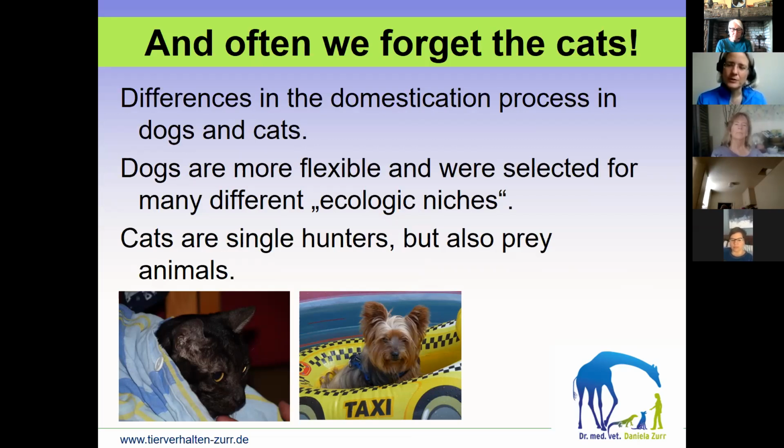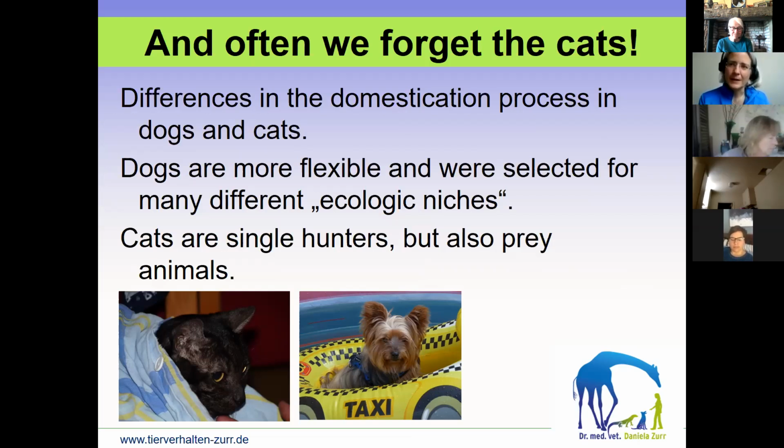And the point about, if you look at evolution or domestication, is that dogs are really flexible because they adapted to many different ecological niches, from living next to humans in villages, free running, up to being with hunters or with farmers or in our apartments. Cats for a long period of time were not selected for special jobs. Their only job was hunting mice and living next to humans.